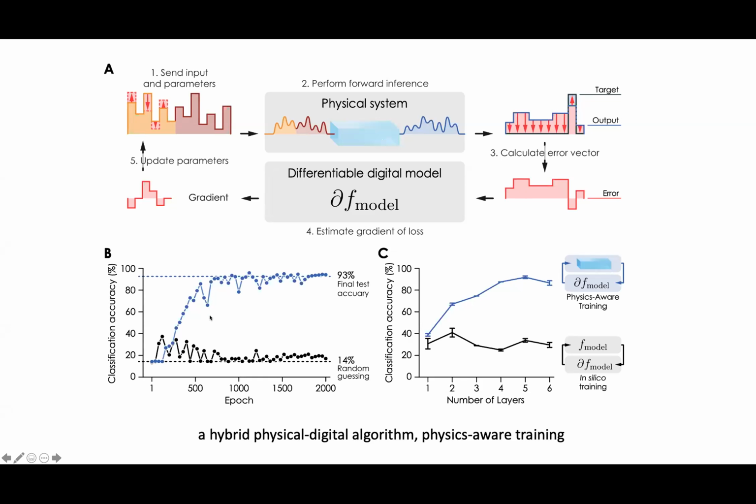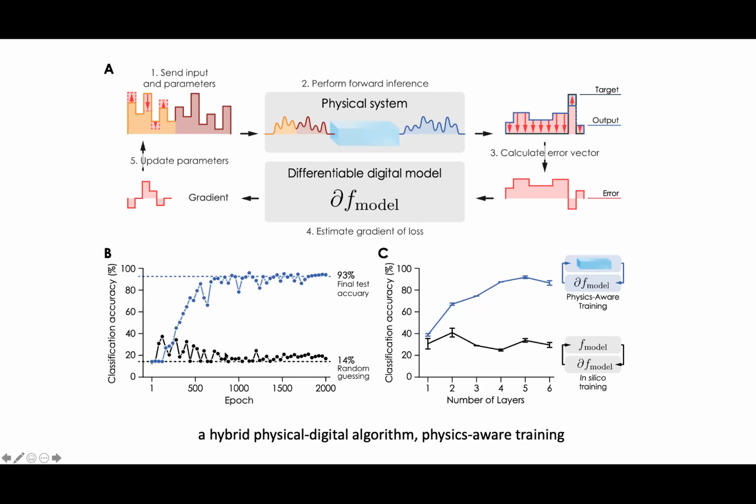But here the authors show the comparison between the hybrid algorithm and the pure in silico approach. This blue one is the hybrid physical-digital algorithm they proposed, and the black one is purely trained in the simulation or in the model.